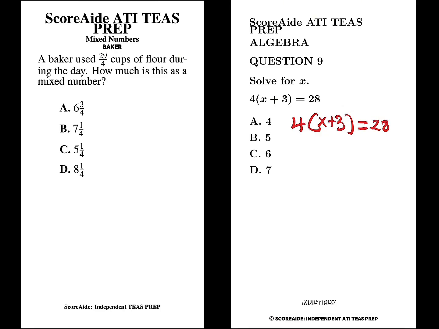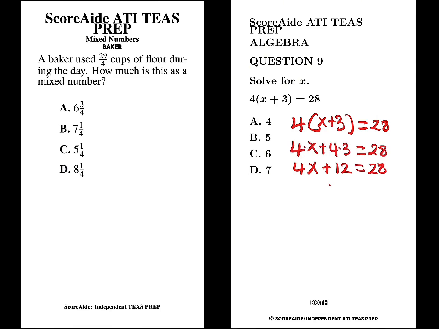We have to multiply all what is inside this parenthesis by 4. So we have to multiply 4 times x plus 4 times 3, which gives you 28. So in this case, we have 4x plus 12 is equal to 28.